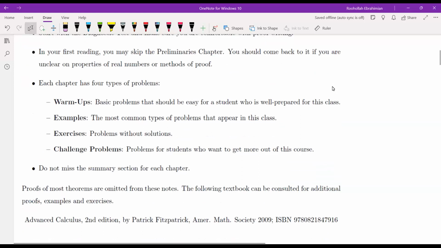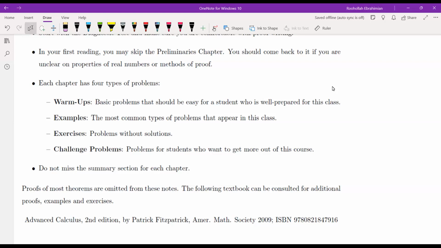Each section has 4 different types of problems: warm-ups, examples, exercises, and challenge problems. Warm-ups are very basic problems, and everybody who has a basic understanding of the topic in each section should be able to do those problems. All of those have solutions in the digital notes that I have posted.